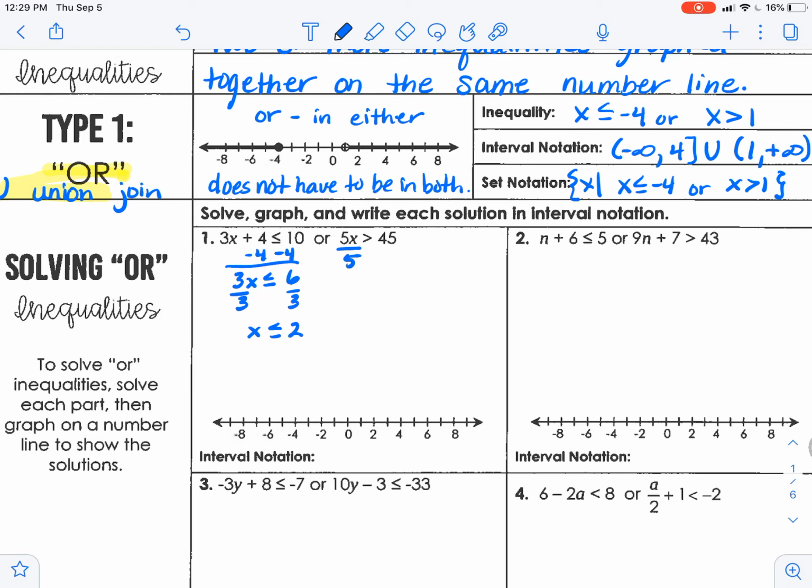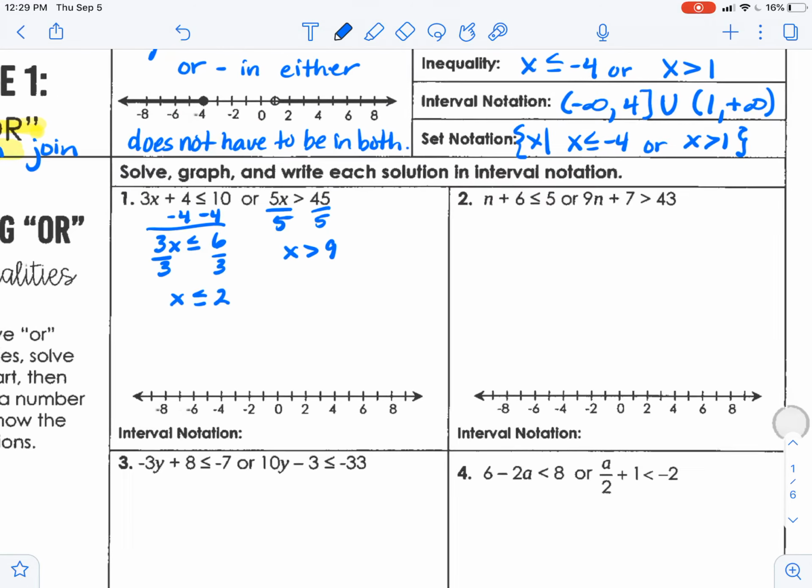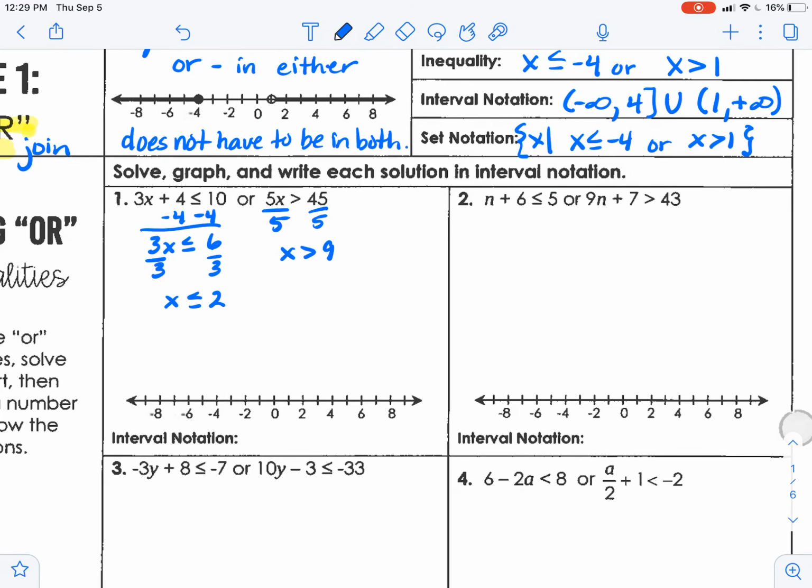Next one over, we're going to divide by 5. So this is all our normal, nothing different, 9. So when I go to my graph, I'm going to have a closed circle on 2, and that arrow is going to go to the left. So everything less than or equal to 2.